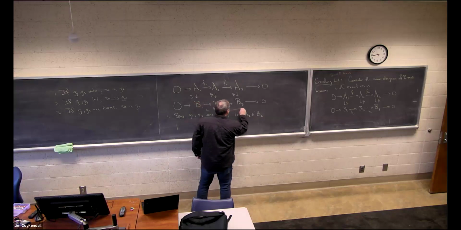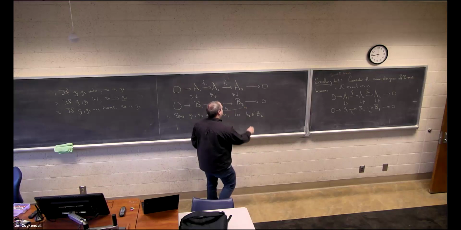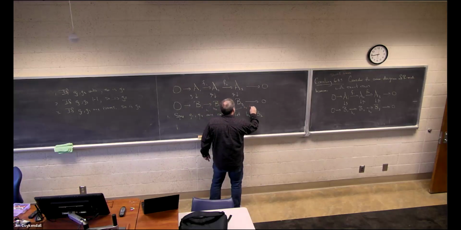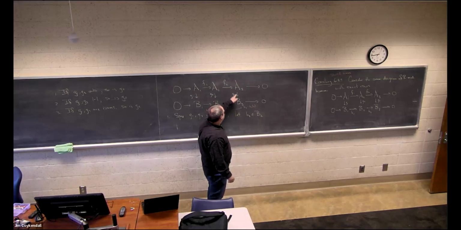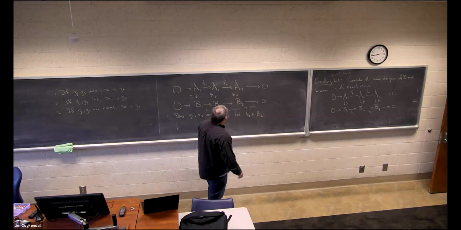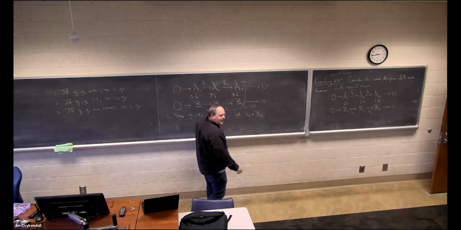I'm gonna push this on here. B3. So B3 is actually, when I do this kind of arrow, this is H2 B2, right? Now, what do I know about this map here? It's onto, right? So I don't know much, but I know that up here there was some A3 that goes to B3.